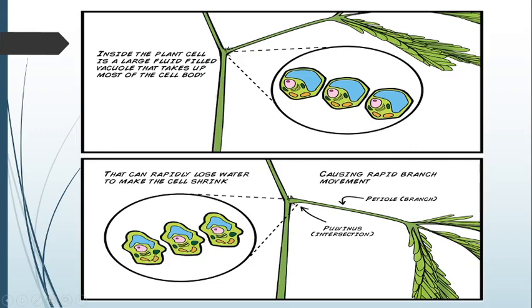You can see that the volume of the vacuole has decreased. Because of this action, the mimosa plant leaf shrinks. This is a very quick and rapid action.